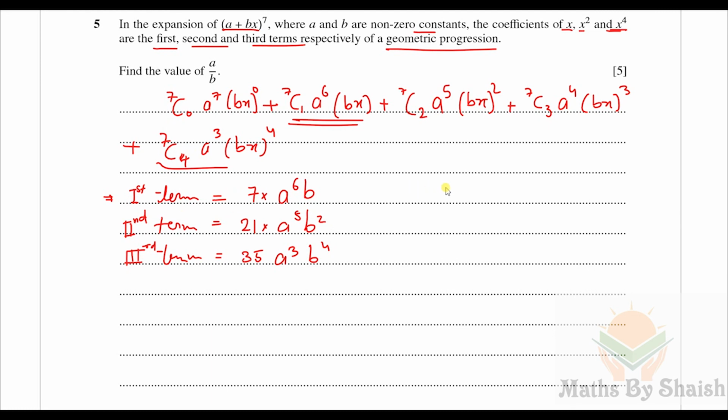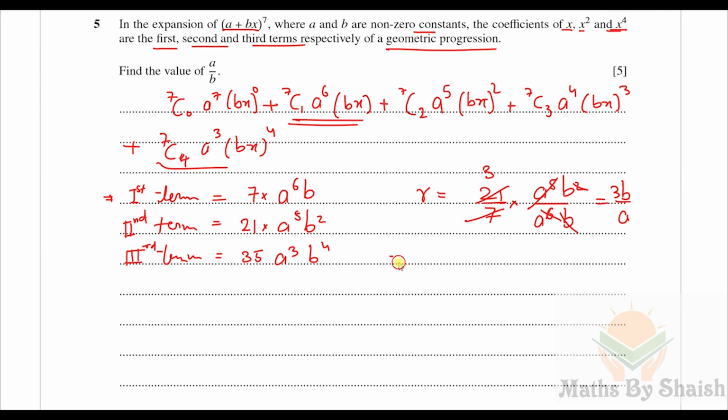So the common ratio r from the first two terms is going to be 21 upon 7, and here a raised to the power 5 b square upon a raised to the power 6 b. 7 3s are 21, this is cancelled and one power is gone, so we got 3b by a from here.